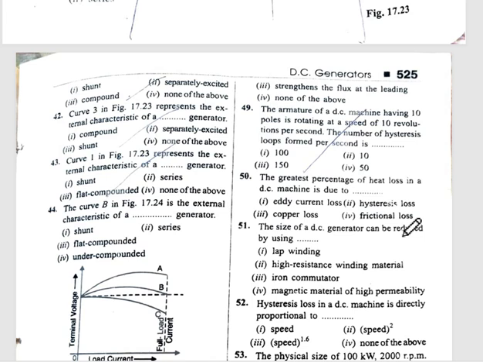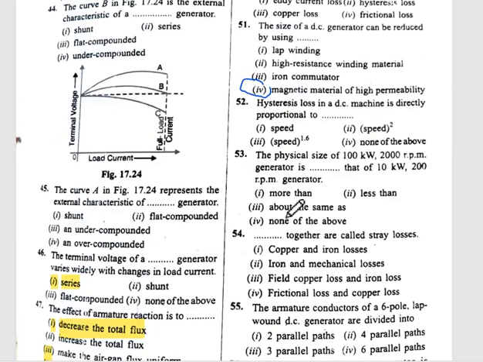The size of DC generator can be reduced by using magnetic material of high permeability. Hysteresis loss in DC generator is directly proportional to speed. The physical size of a 100 kilowatt 2000 rpm generator is about the same as that of a 10 kilowatt 200 rpm generator.